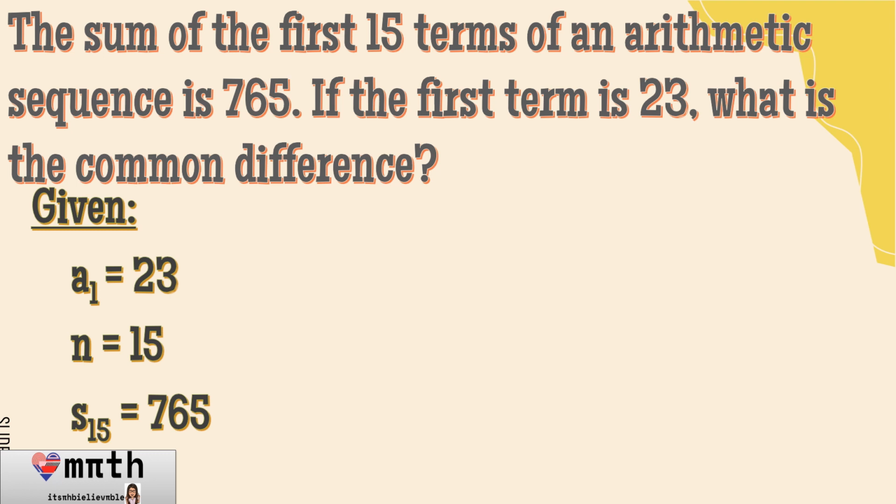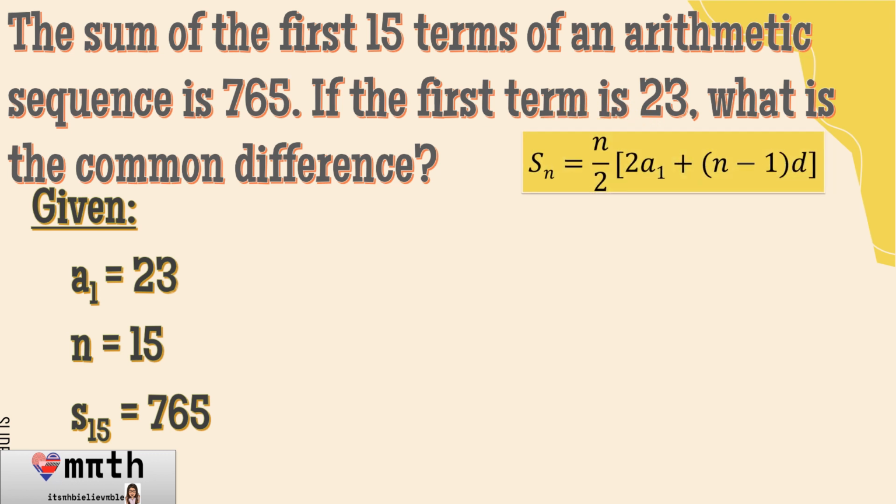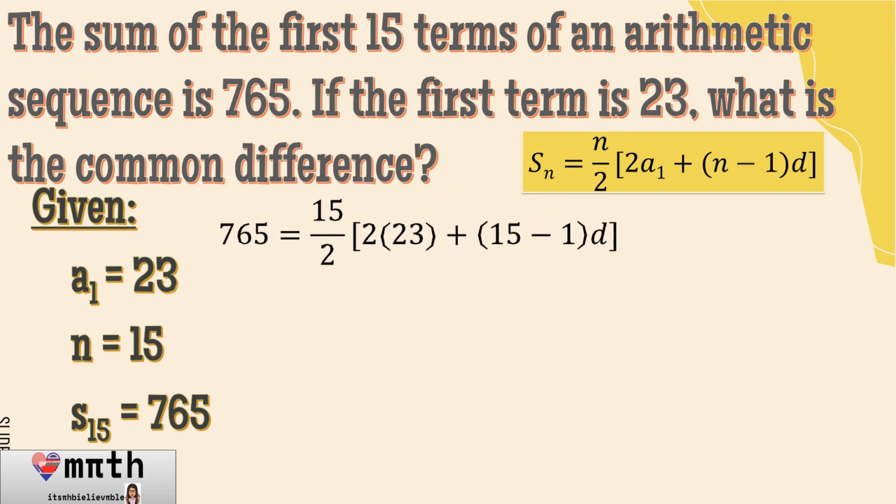Now, we're going to look for the common difference. And as you notice, this is again an infinite arithmetic series, since we do not know the last term. Okay? So, substituting the values to the formula, that would be 765 equal to 15 over 2 times 2 times 23 plus 15 minus 1 multiplied by d.